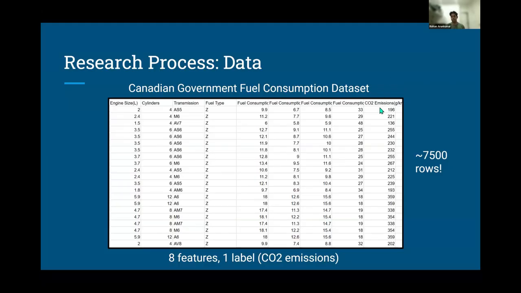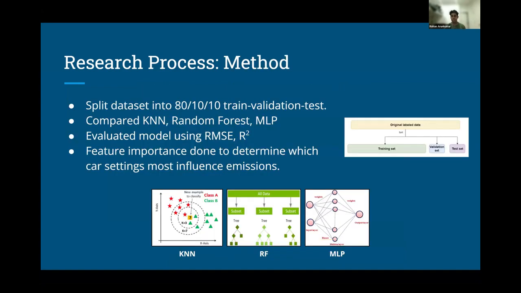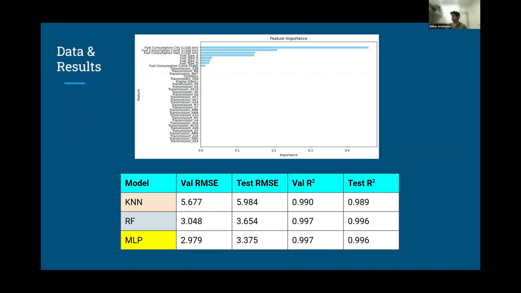So what feature importance does is it tries to predict which column matters the most in predicting CO2 emissions. So that was done. So the results of this feature importance can be seen here on the top graph. So all of these columns here, and based on which one has the most importance, that means that is the most important for vehicular carbon emissions.